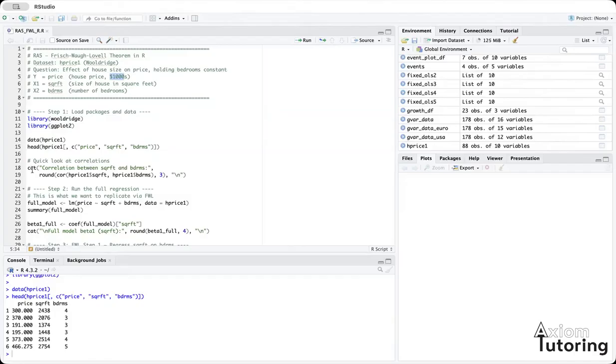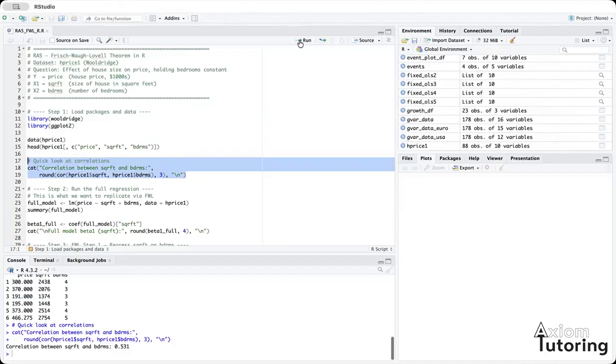If we look at the correlation very quickly, just to have an idea of what we should see in terms of betas, negative, positive, or should we expect big betas or not? The correlation table is the following. Between the surface area and the number of bedrooms, it is 0.531.